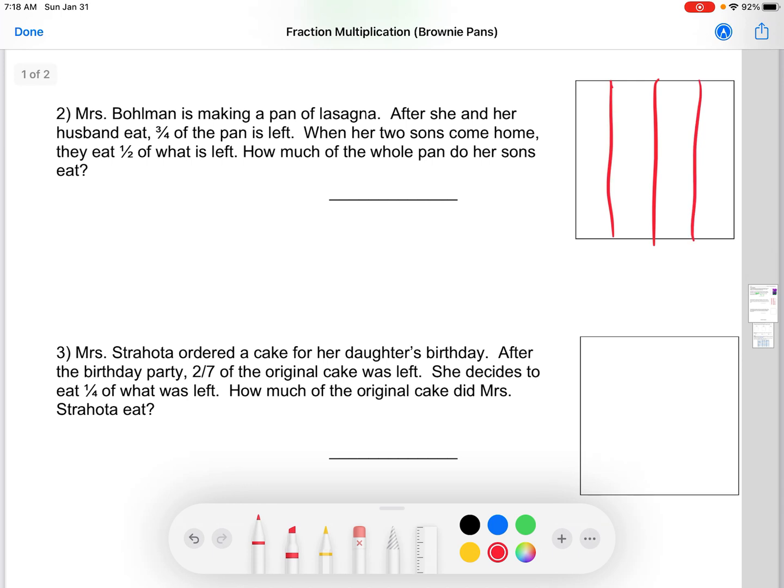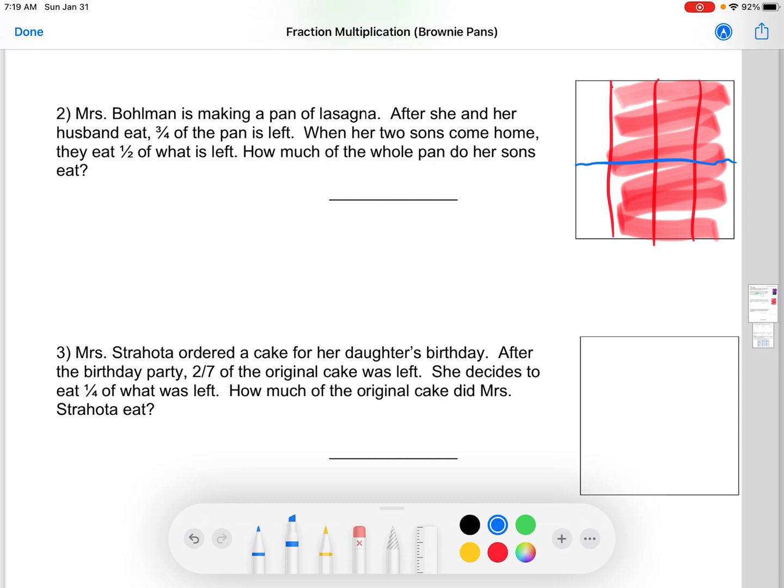So there we go. It's divided into fourths, and they said that 3/4 of that was left over, right? Then her 2 sons came home and ate half of what's left. So we're going to divide what's left in half, and they eat half of what's left. Now we can shade that whole half, because that's what they were attempting to eat, right?